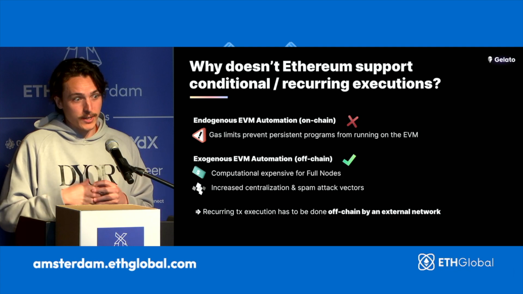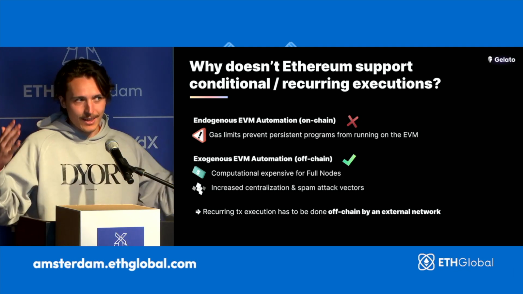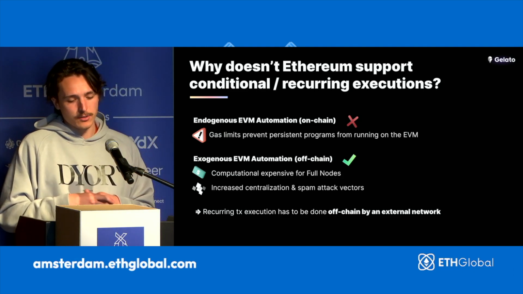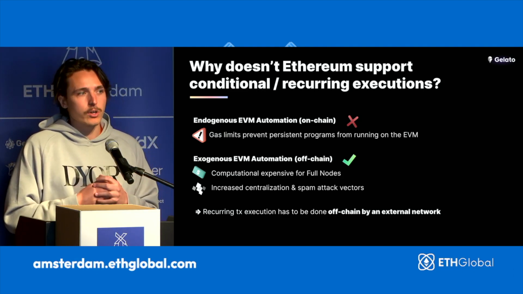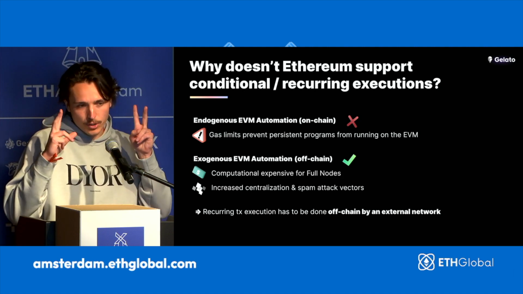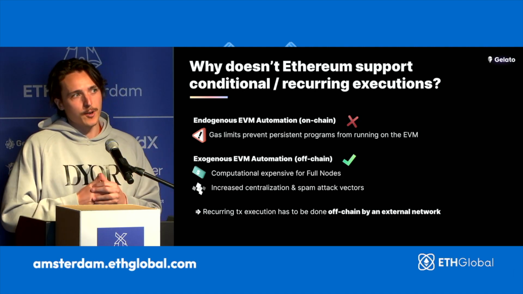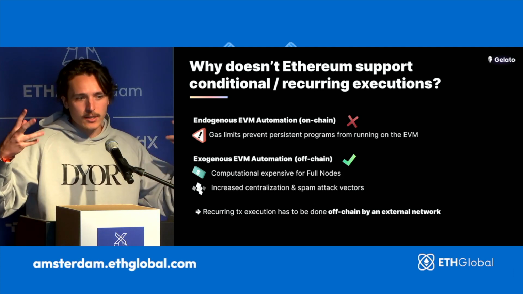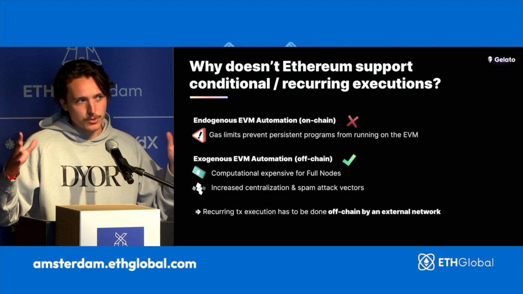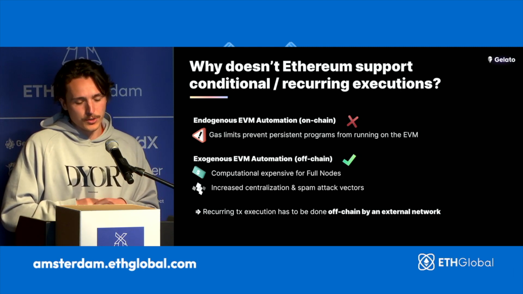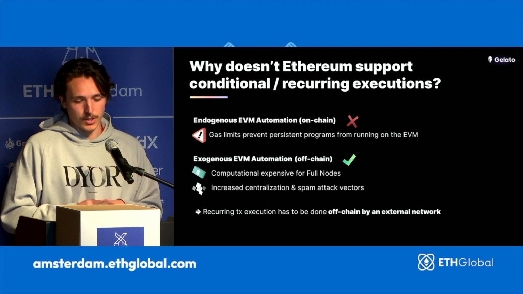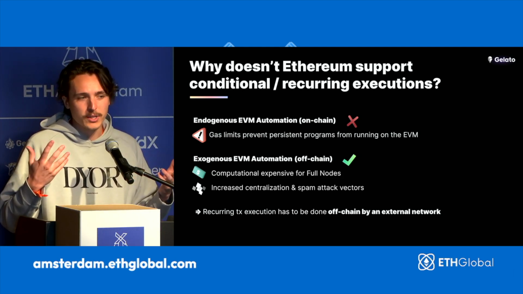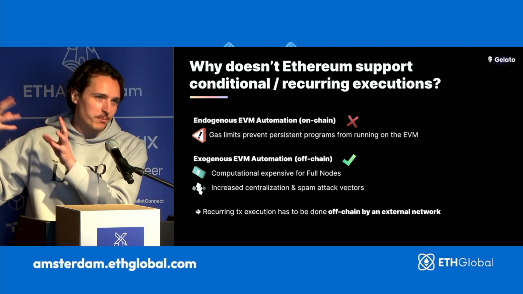In order to counteract spam and people preventing others from sending transactions and getting them mined, there's a concept called a gas limit, and a block can only fit so many units of gas. This makes sure that sufficient nodes in the network can process all the transactions, and you don't run into a scenario where you have a very centralized network. So if someone were able to create infinite loops in a smart contract on Ethereum, no other transaction would ever get mined after it, right?